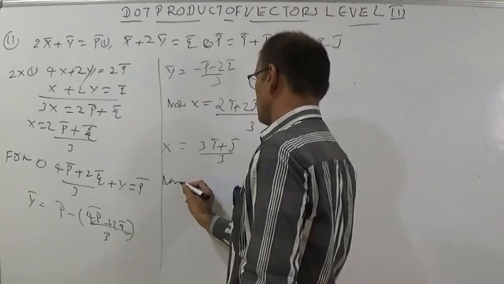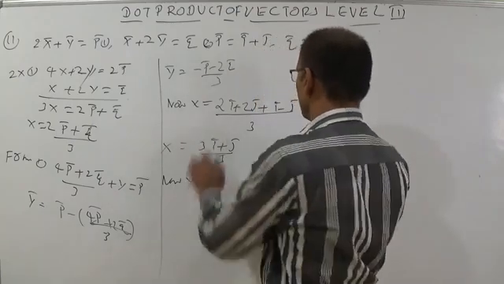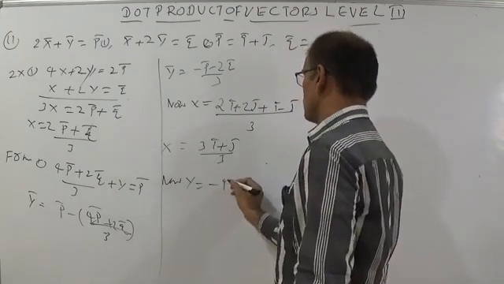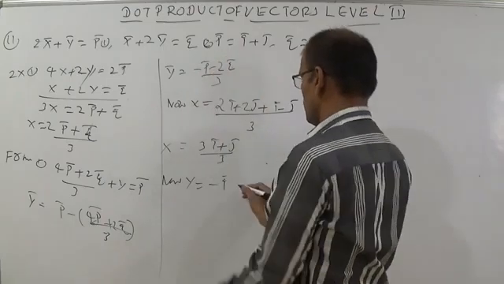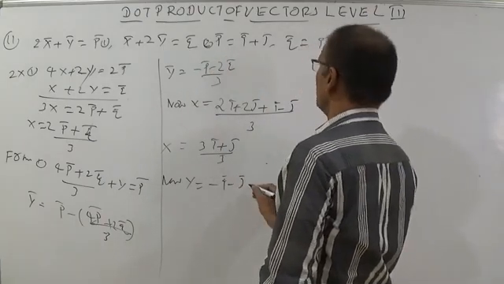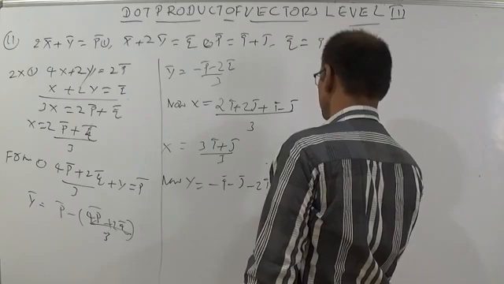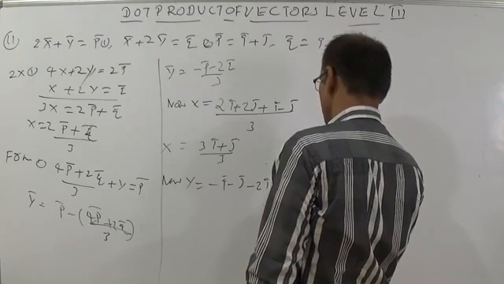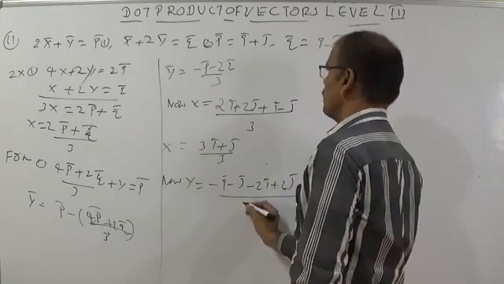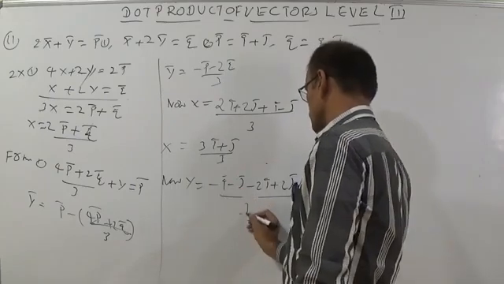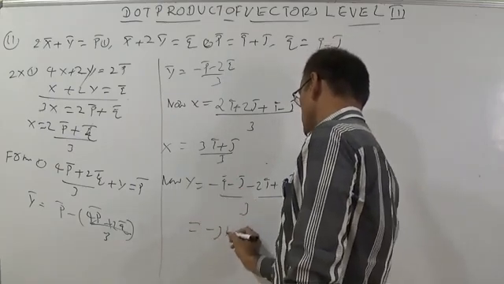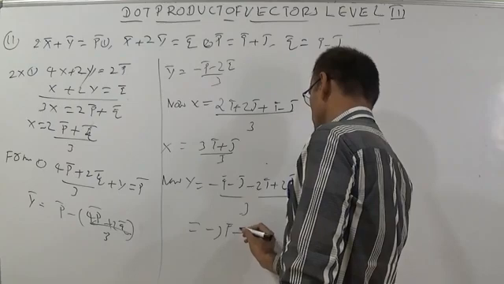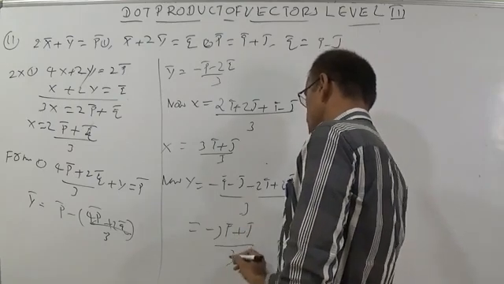Now again, Y is equal to minus P minus 2Q, that is minus I minus J minus 2I plus 2J, whole by 3. You can write here (minus 3I plus J) whole by 3.